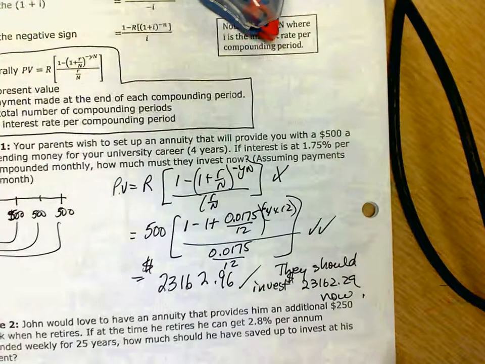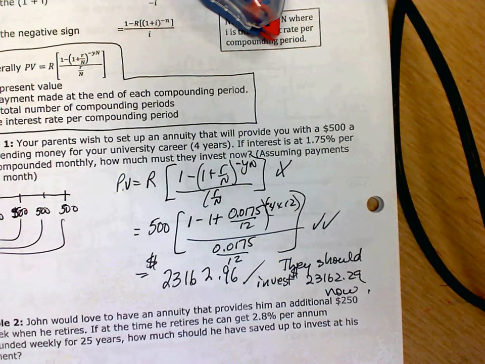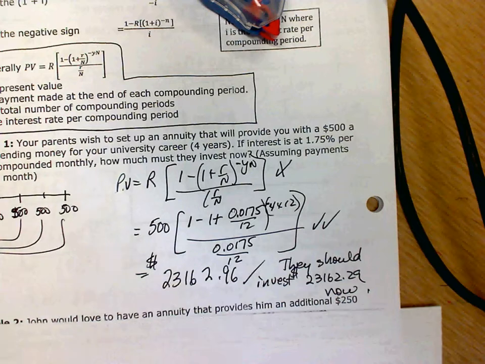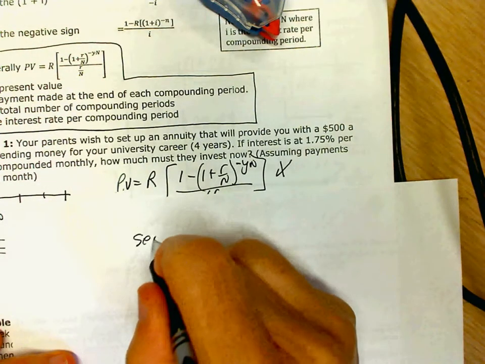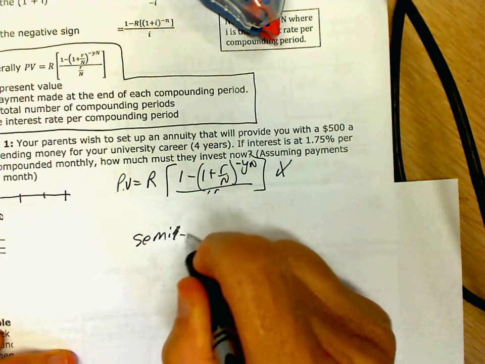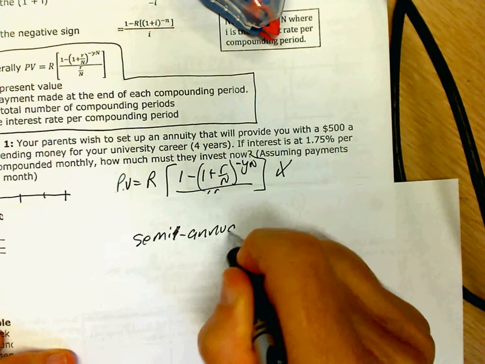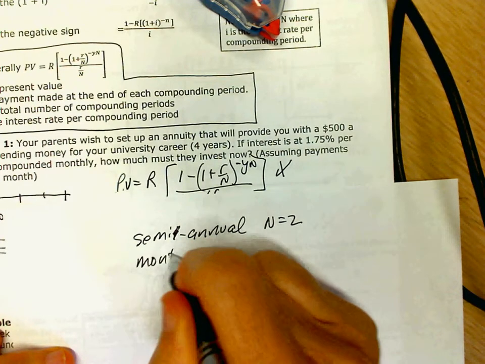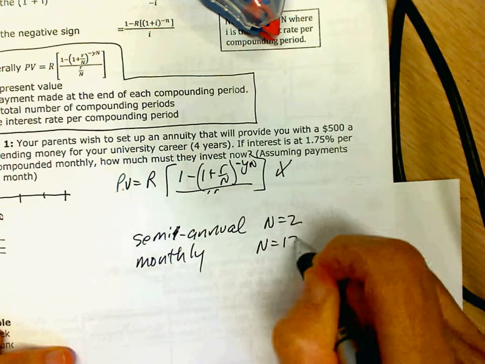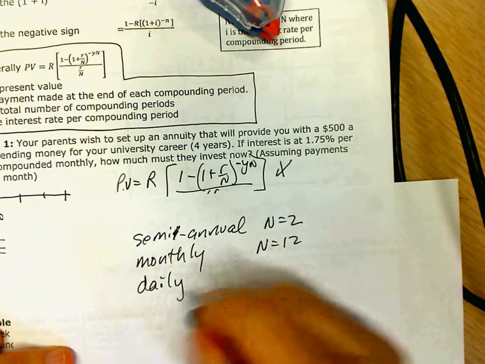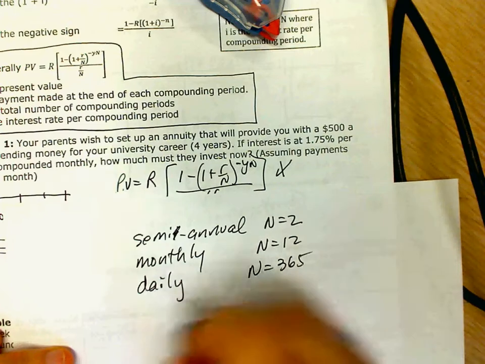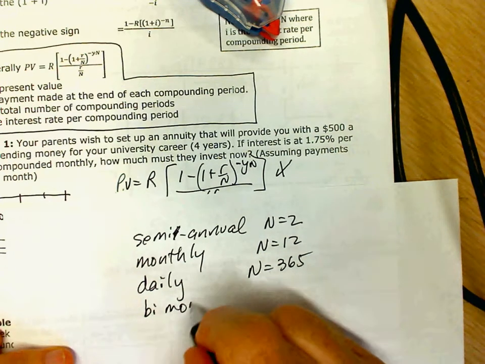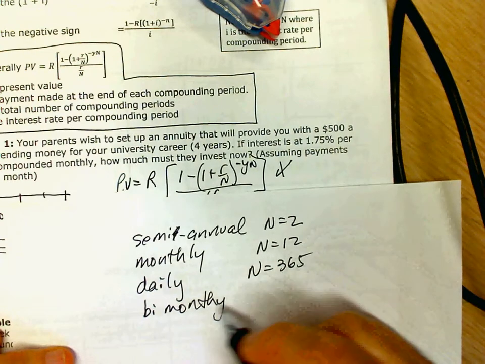Guys, before I forget, do you know all the different types of N's there could be? If it's semi-annual, what does N equal? N equals 2. If it's monthly, what does N equal? If it's daily, what does N equal? If it's bi-monthly, what does N equal? N equals 6.